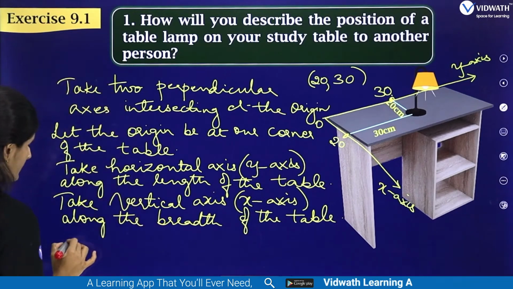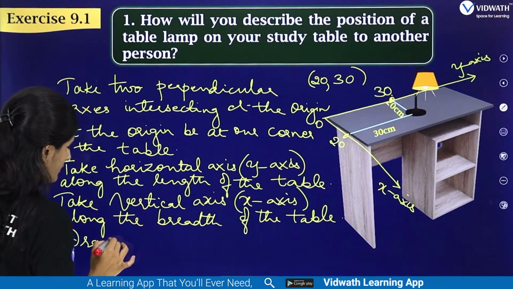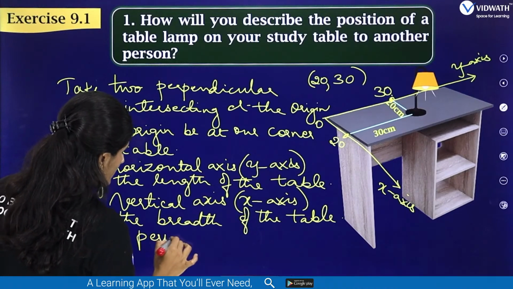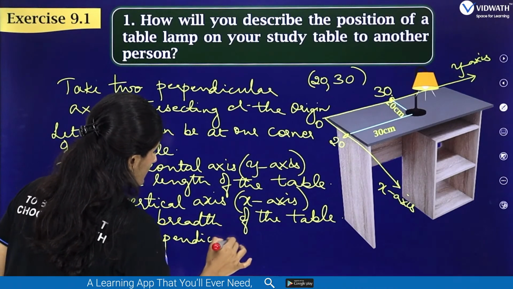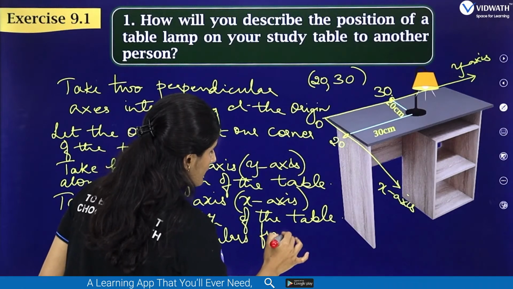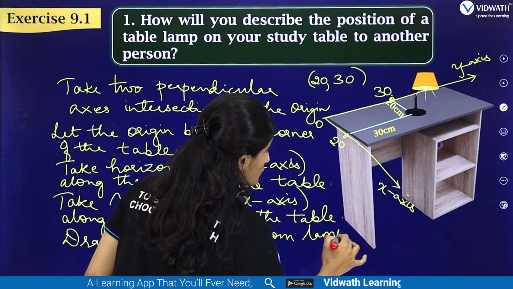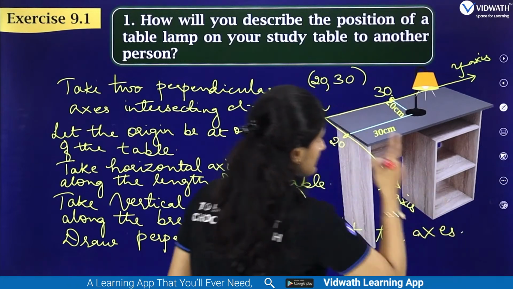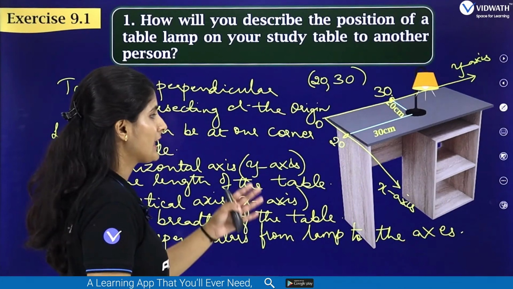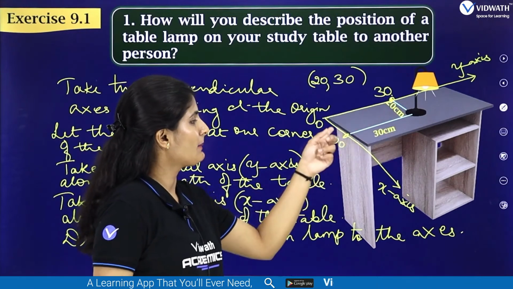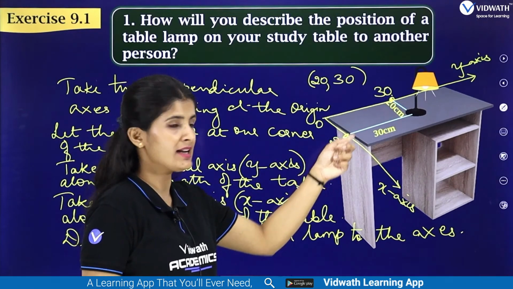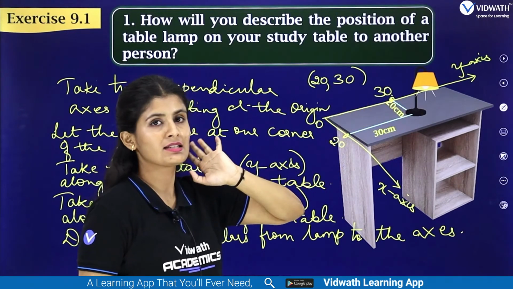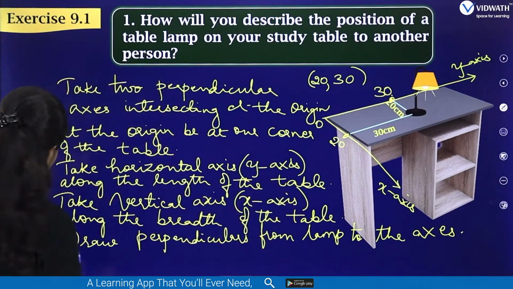Therefore, draw perpendiculars from the lamp to the axes. From the lamp to both the axes, I am going to draw perpendiculars. Then, the perpendicular meeting the x-axis gives the x coordinate. The perpendicular meeting the y-axis gives me the y coordinate.